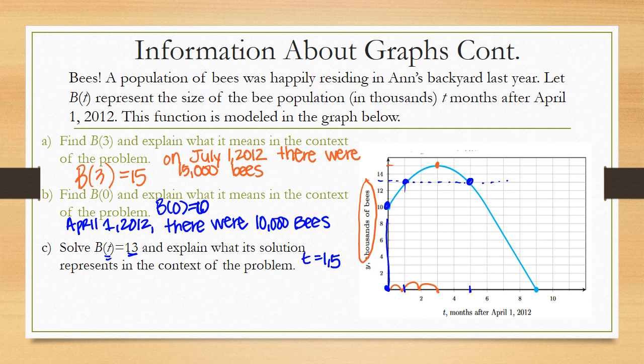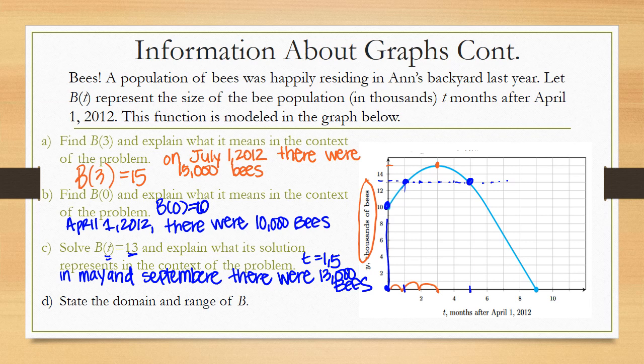So 1 month after April is May, so in May, and 5 months after April, so May, June, July, August, September. So in May and September, there were 13,000 bees. And then lastly, wow, I spelled September wrong.